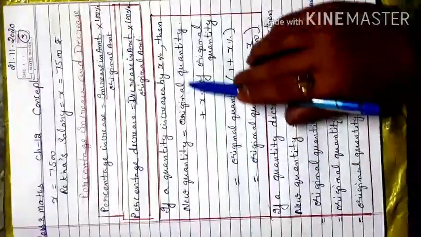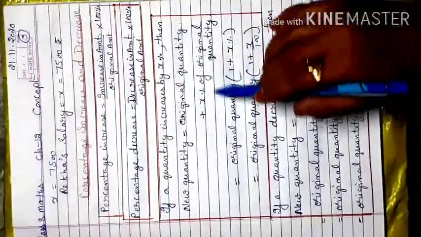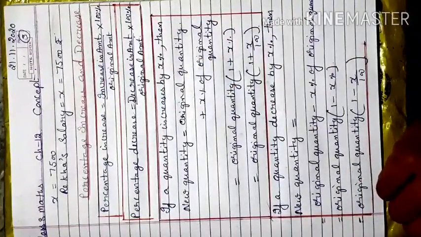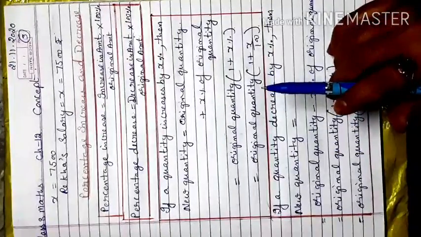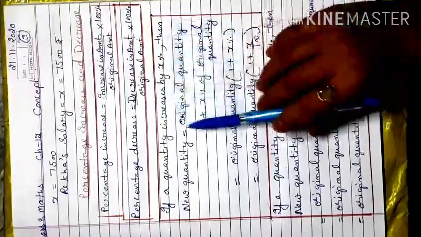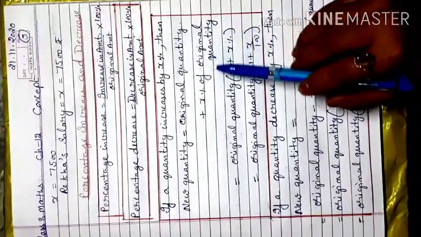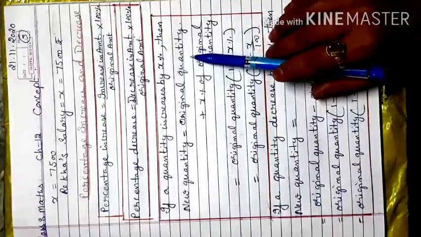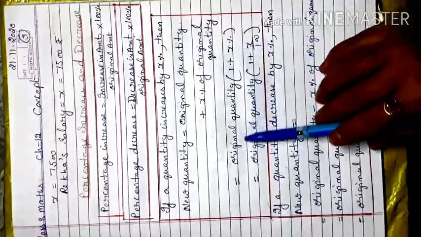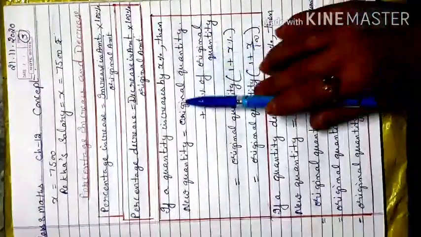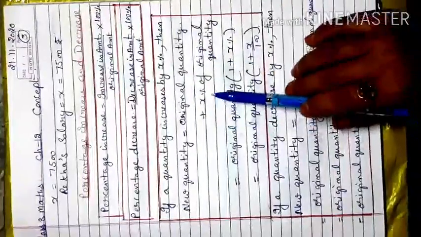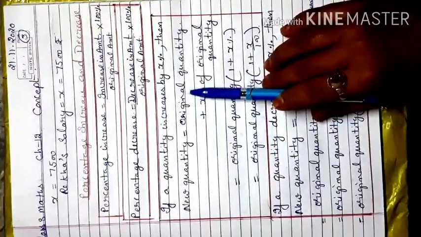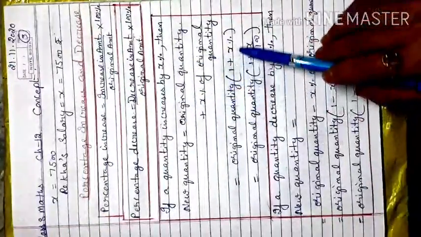So the new quantity will be the original quantity plus x% of the same original quantity, like in our previous question number 2. If there is a condition where you have to increase some quantity, you find the percentage of that same quantity and add it to the same quantity, and that gives the new increased quantity. If we check this formula, it is original quantity plus x% of original quantity. If you take the original quantity common outside, 1 is left, 1 plus x%.